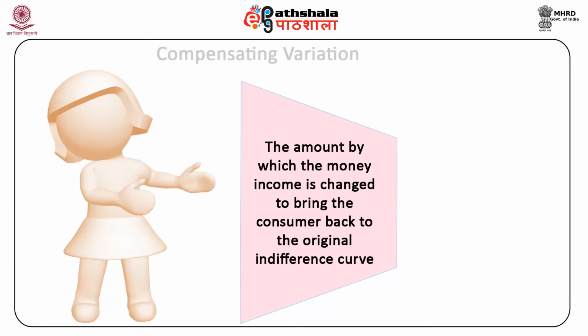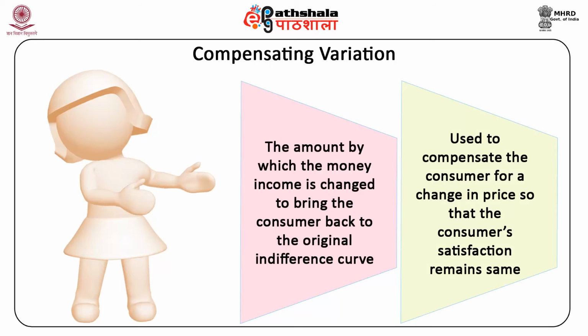The amount by which the money income is changed to bring the consumer back to the original indifference curve is called compensating variation. In other words, the compensating variation is used to compensate the consumer for a change in price so that the consumer's satisfaction remains the same.